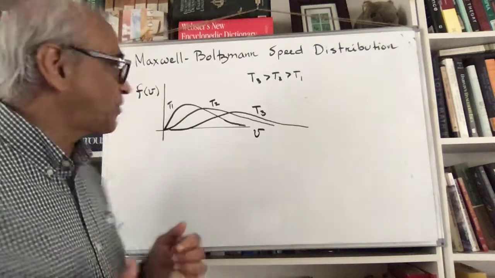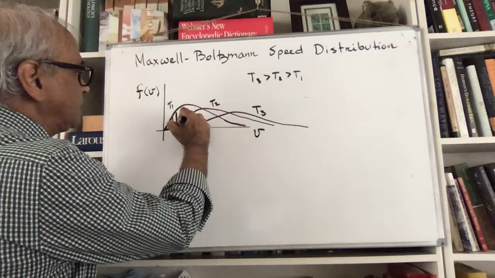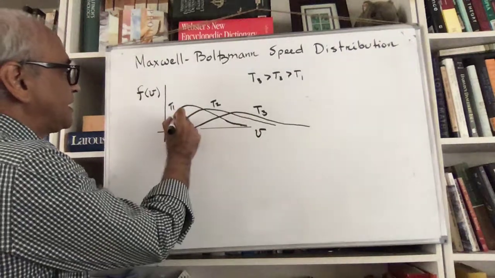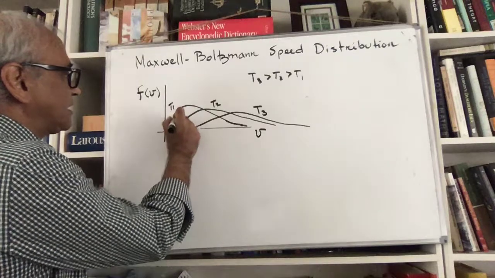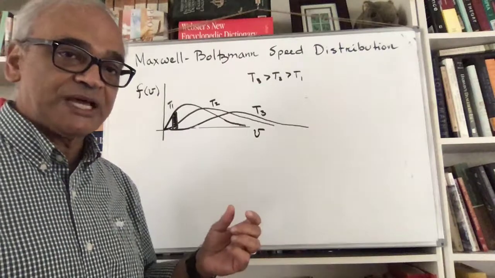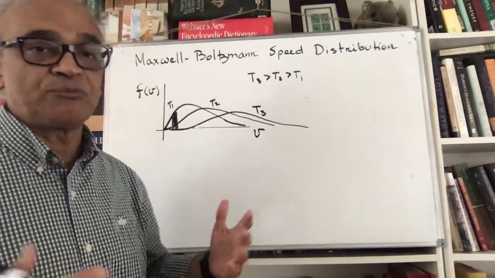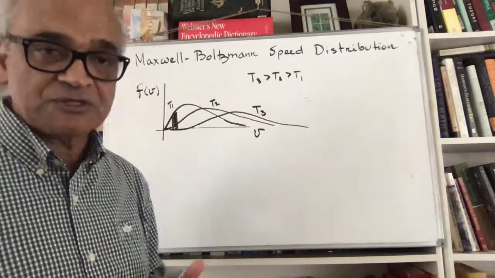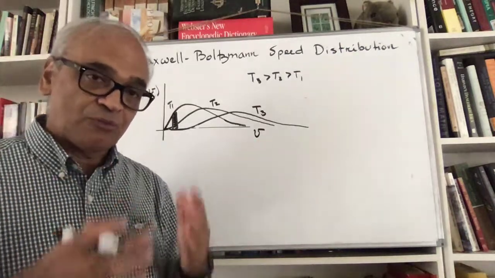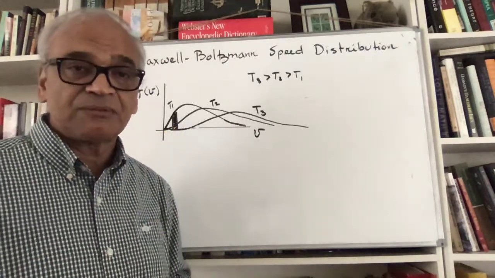So for example, if I say this is between 200 and 300, and I count the number of molecules within that, that would be a fraction of the total number of molecules. So maybe 10% of the molecules are traveling in the room in that velocity regime, right?